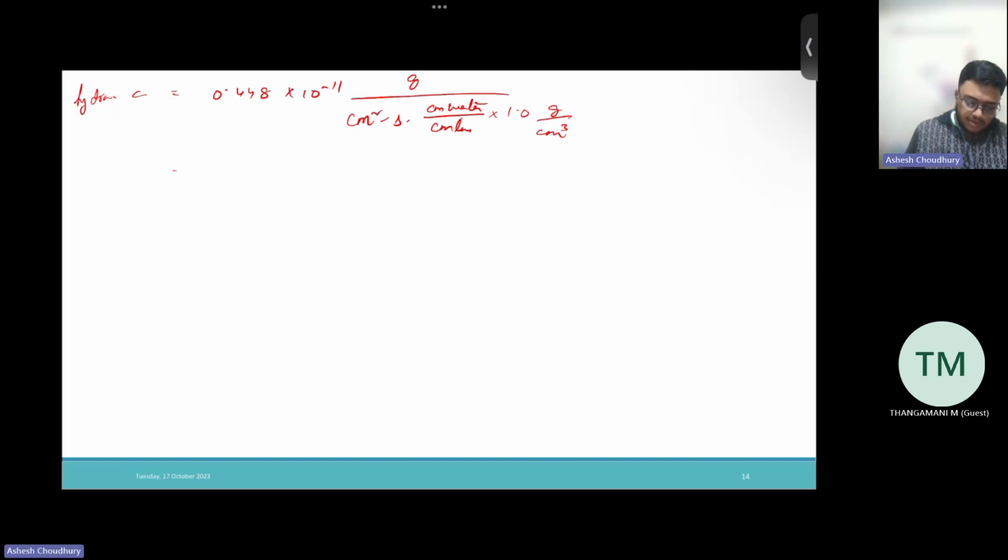So if we now cancel all the units, we will finally get K equal to 0.5 into 10 to the power minus 11.